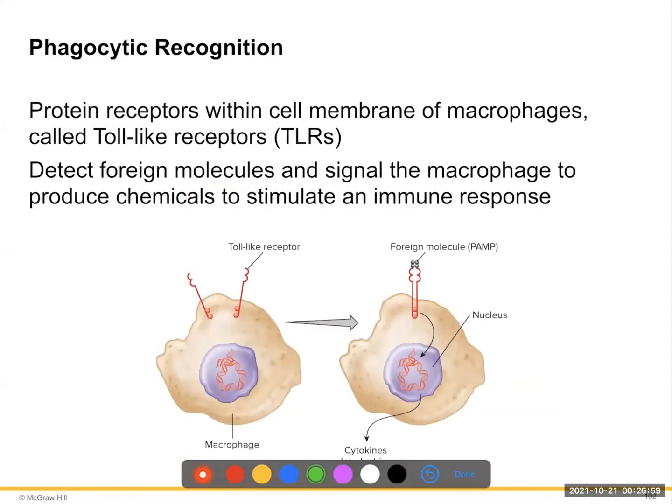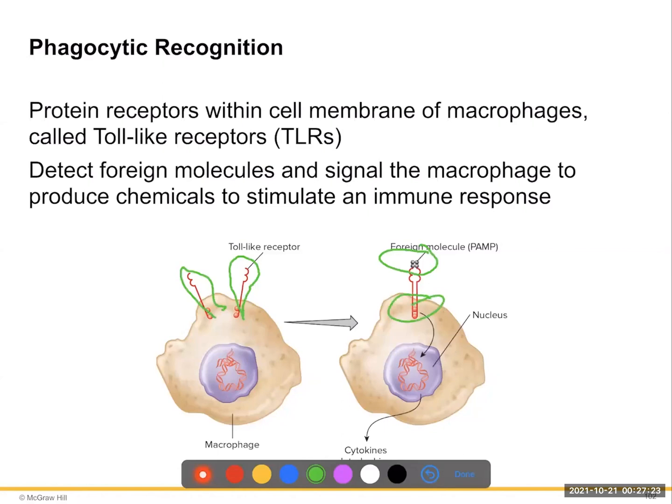So phagocytic recognition, this is what we talked about. This is a macrophage, and we have these little receptors on this macrophage. When the macrophage finds, remember the PAMPs we talked about? Those are the molecules on the surface of the bacteria. It finds those receptors and binds them. It pulls it together and triggers this. Now we get a response.